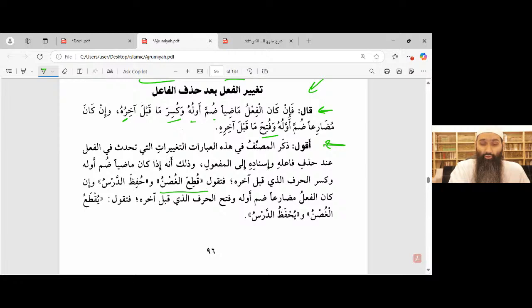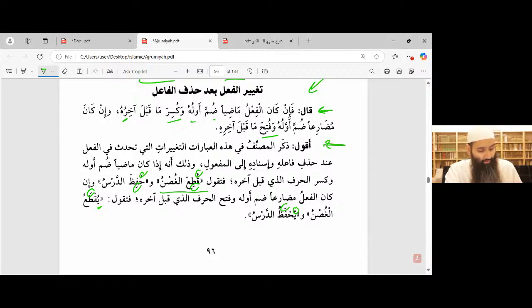If it is mudari', the first harf is madmum, just like the madi, and the second last harf, the one before the last one, is maftuh. فتقول يقطع الغصن, يحفظ الدرس.